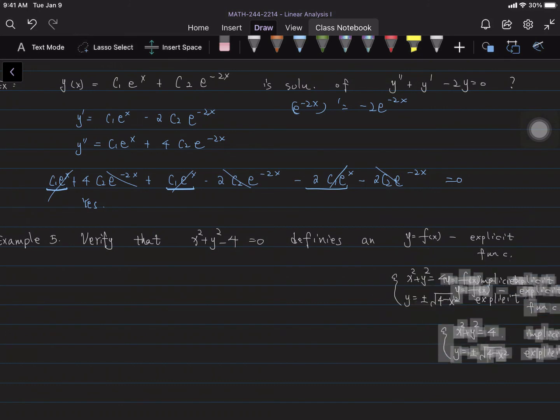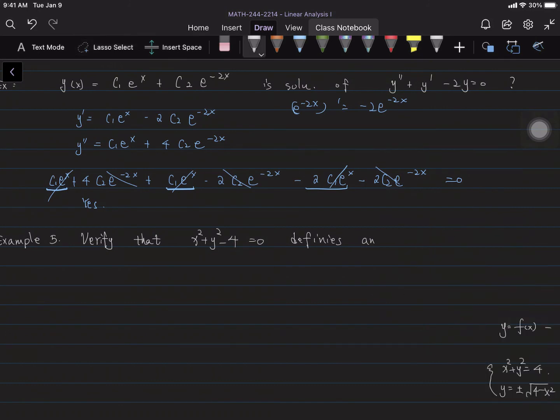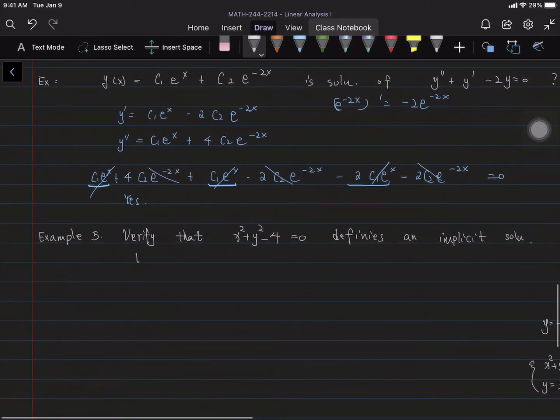to this differential equation. So here is the implicit and the explicit definition. This is a nonlinear differential equation: dy over dx equals negative x over y.